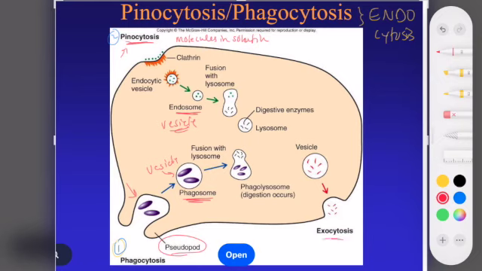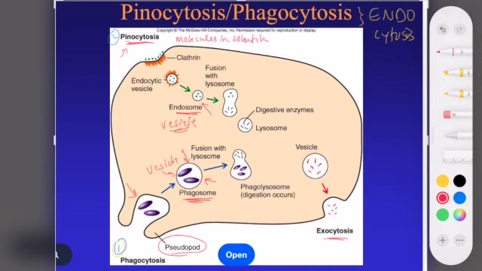And here, exocytosis. With phagocytosis and pinocytosis, the cell uses its own membrane to surround the substance to bring it in. So these vesicles are made up of membrane. Likewise, when they spit something out, they'll make a vesicle in the Golgi apparatus, whatever.